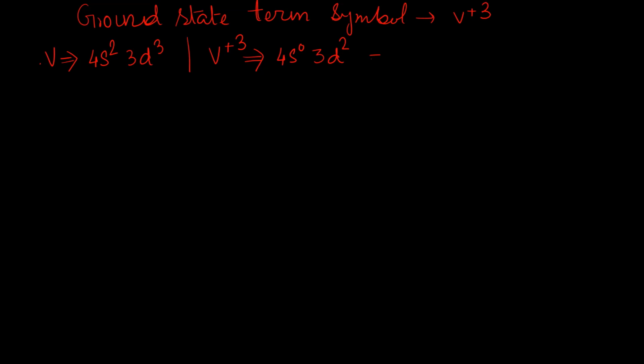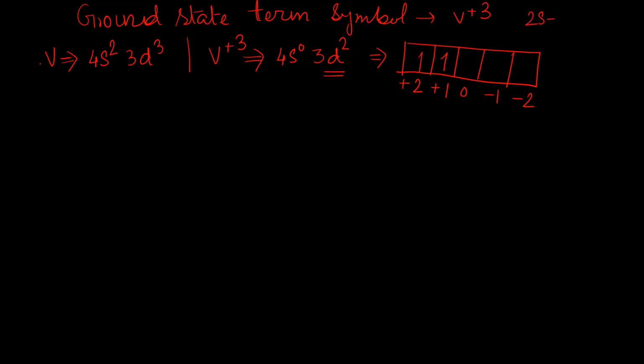3d2. The d orbital is our concern, and we know that 5 orbitals are present in the d orbital, and these values are nothing but the orbital momentum contribution, plus 2 to minus 2. First of all, whenever we are discussing any ground state term symbol, we need to know the 2S plus 1, L, J values.